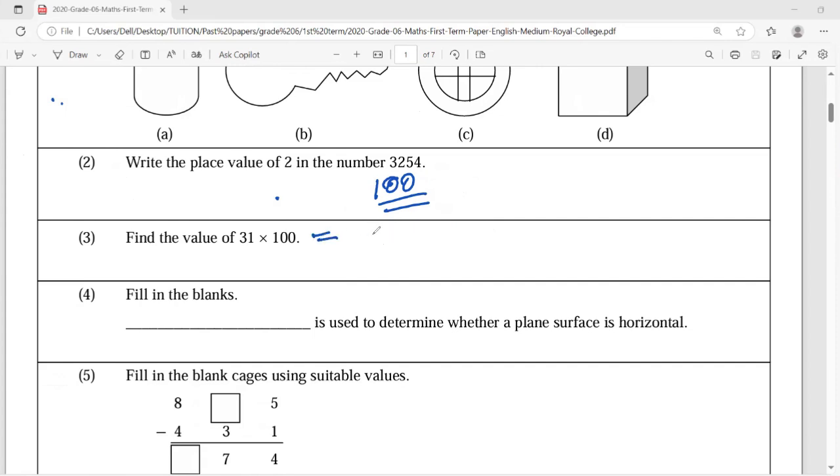So your answer should be like this. You have to write these 2 zeros at the end, right? Because it is 100. If you are multiplying by 10, you have to add 1 zero at the end. And if it is 1000, you have to add 3 zeros, right? So I think I have covered this part. Let's go to the next.